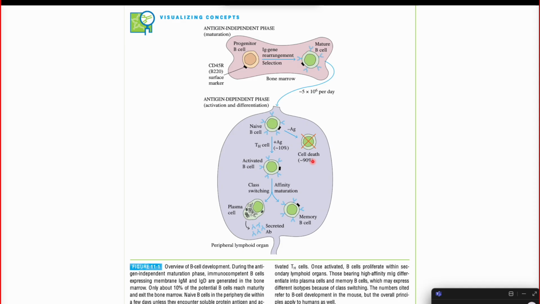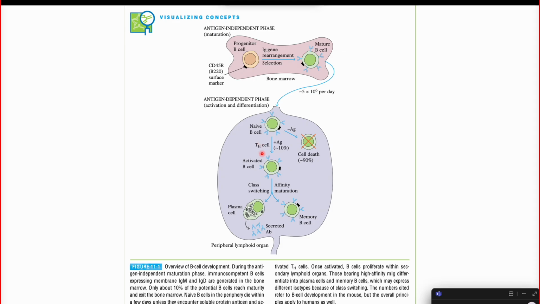The plasma cell will secrete the antibody, and the memory B cell will also be formed and stored there in the peripheral lymphoid system. So this is the overview of how the B cell matures with the help of T helper cells. And we have already discussed the key players.